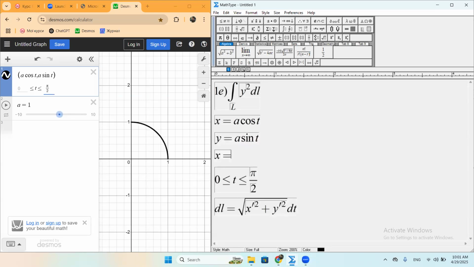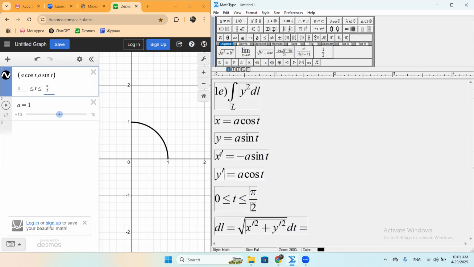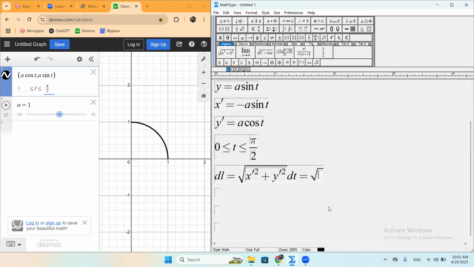So x prime equals minus a sine of t, y prime equals a cosine of t. Sorry, I forgot prime. Now everything is correct. So what do we have? a square sine square of t plus a square cosine square of t, dt.